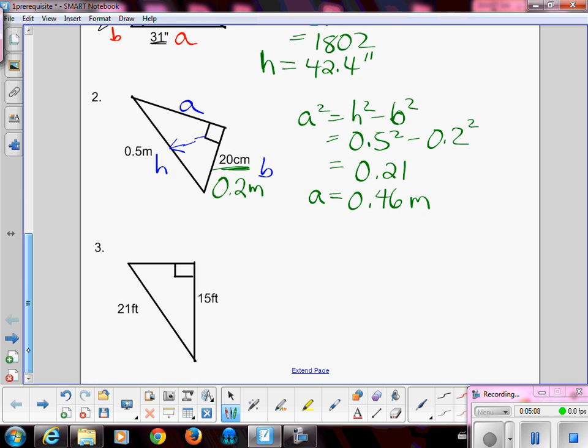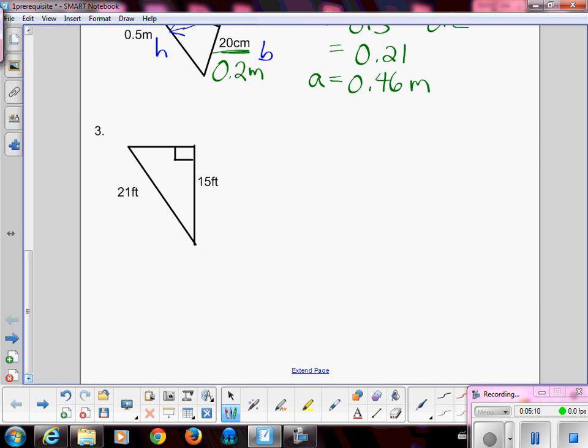And one more example. This time both of them are in feet, so life is good. First thing I need to do is label, so I have the hypotenuse, and it doesn't matter which is A and which is B. Again, I want to find the side that's not the hypotenuse, so I know it's going to be A squared equals the hypotenuse squared minus the other side squared.